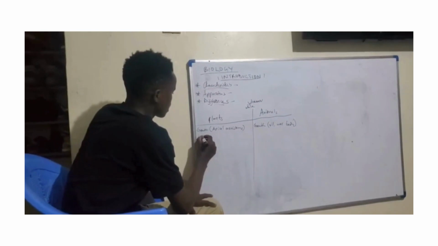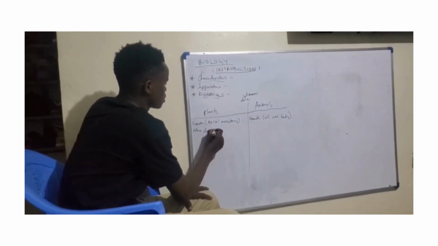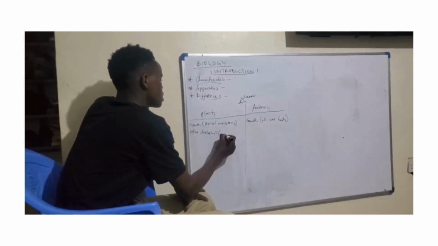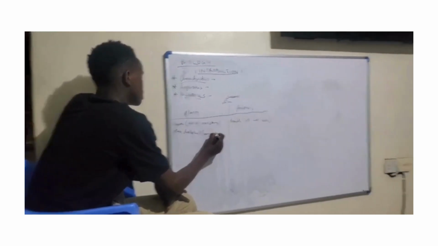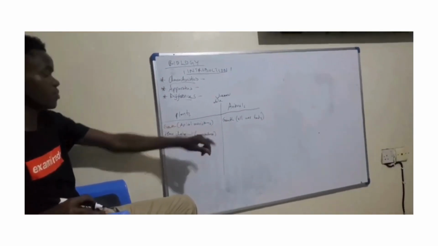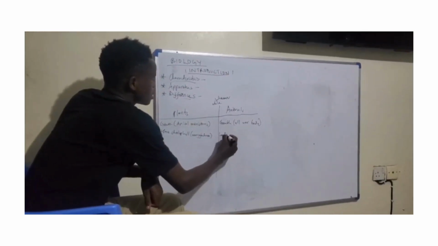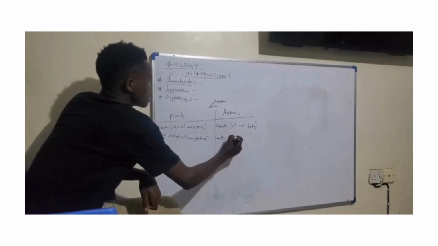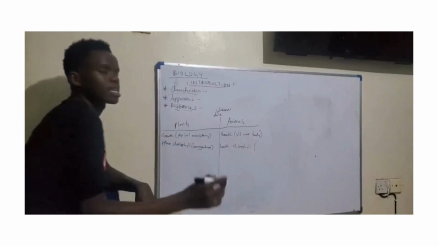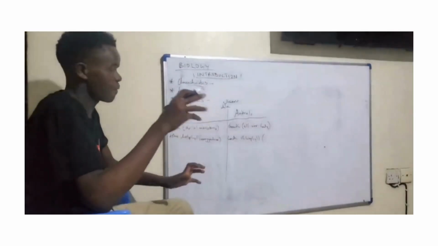We move on to the second difference. Plants have chlorophyll, hence manufacture their own food, whereas animals lack chlorophyll, thus depend on already manufactured food by plants.